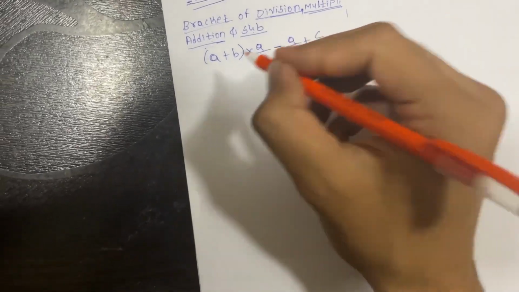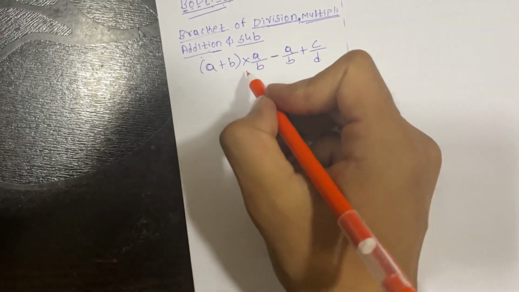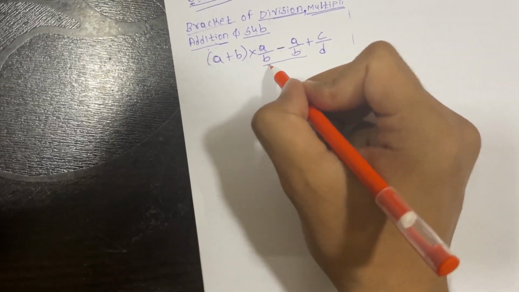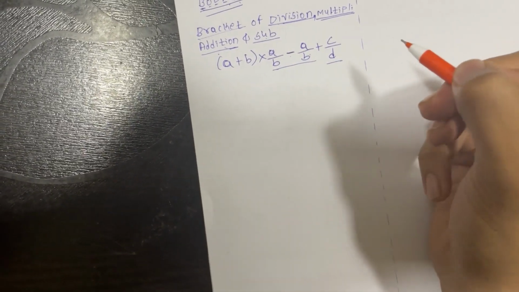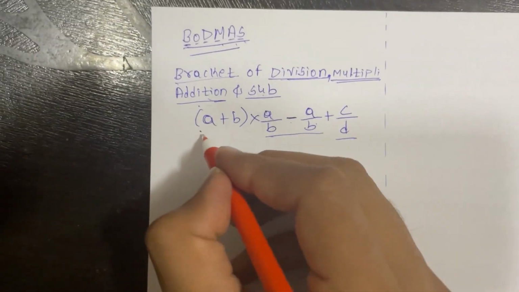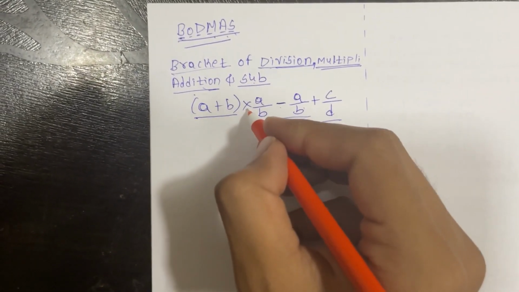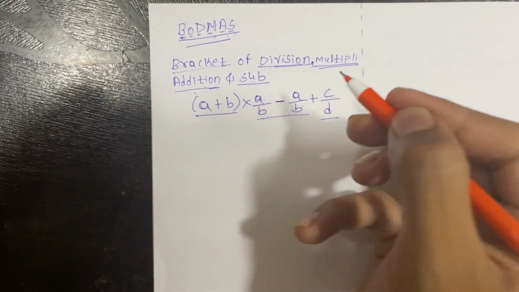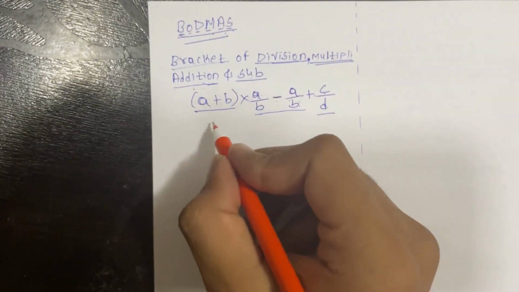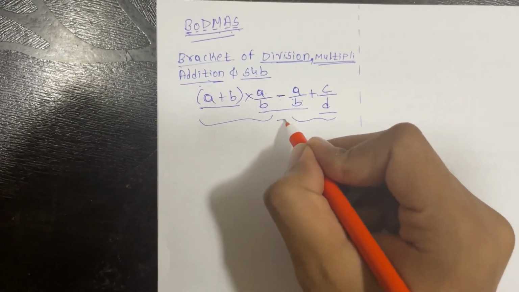This is very complex. What some students do is subtract a by b minus a by b first, then add to this. That's wrong. First we have to add a plus b, then multiply that by this number, then add these two numbers, and then whatever this equation's value and that equation's value are, we subtract them lastly.